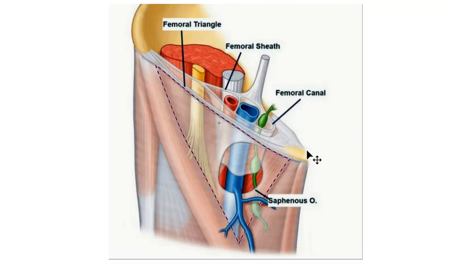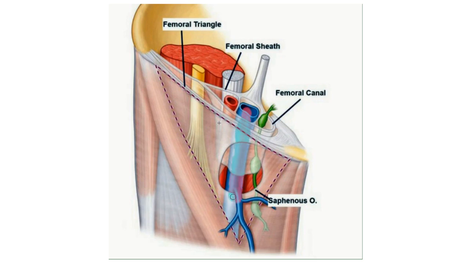Now, let's talk about the contents of this femoral triangle. As you can see, going from medially to laterally, we can see a vein, an artery, and a nerve. So this vein, which is present in this area, is named after this area. So this must be the femoral vein.